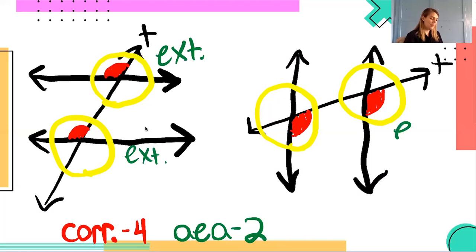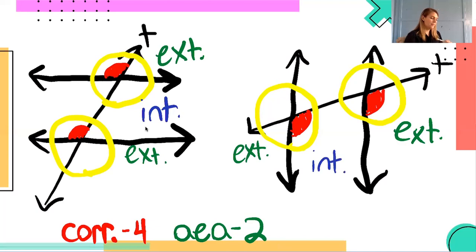For the side-by-side ones, it's the wide part. And the interior in the middle. So like our Oreo cookie, we got a sandwich cream filling interior and 2 cookie exteriors.